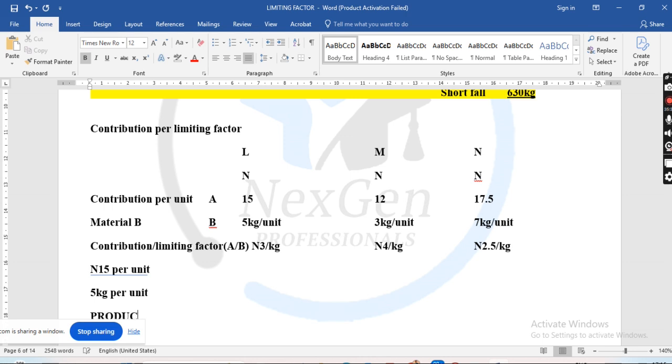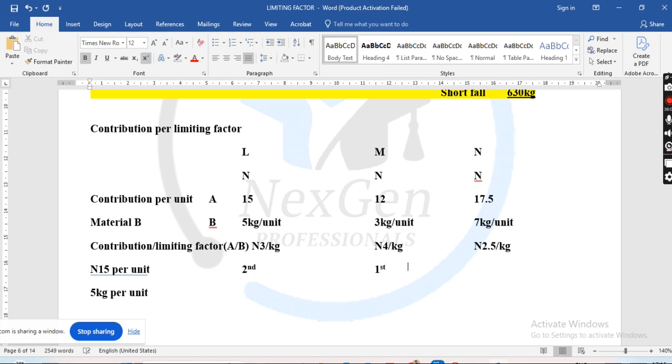Because there is no way we want to do the production. Okay, we've not ranked, sorry. You need to rank, right? So which one will come first? Material M. Our next step, this will come second, right?